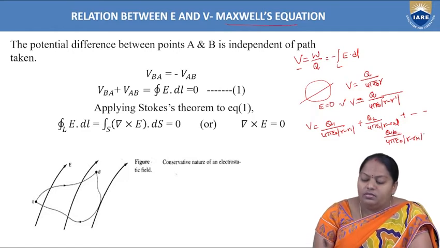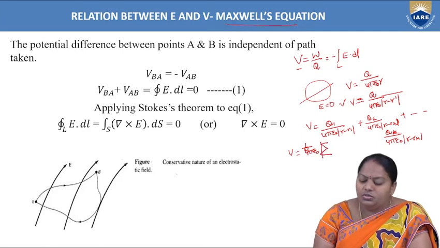If we simplify this equation, 1 by 4 pi epsilon naught is common, then the summation can be written as Qk by modulus of R minus Rk, where k ranges from 1 to n.